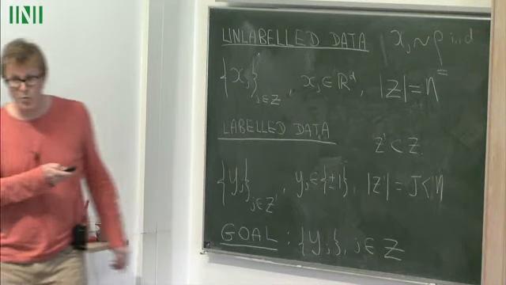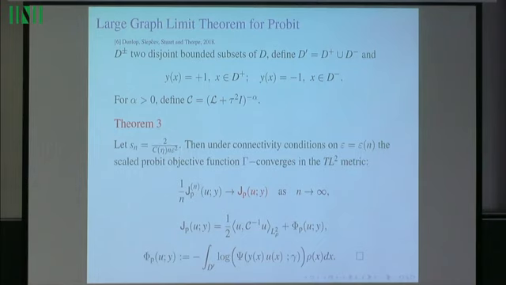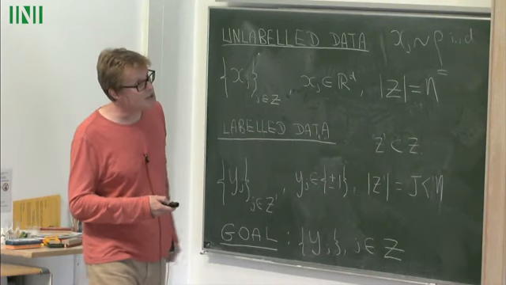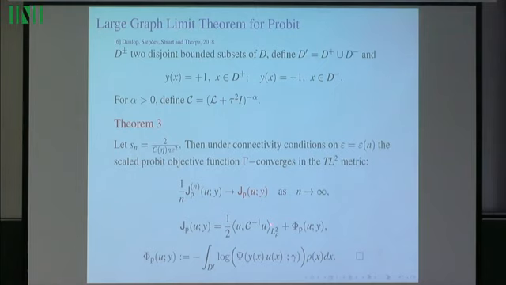So this theorem gives you a canonical way of defining regularization for this classification problem in the continuum limit, and as I promised earlier, it gives you a way of answering the question that's unanswered in Rasmussen and Williams, which is how should you choose your Gaussian process regularization. This is a canonical way of doing so.